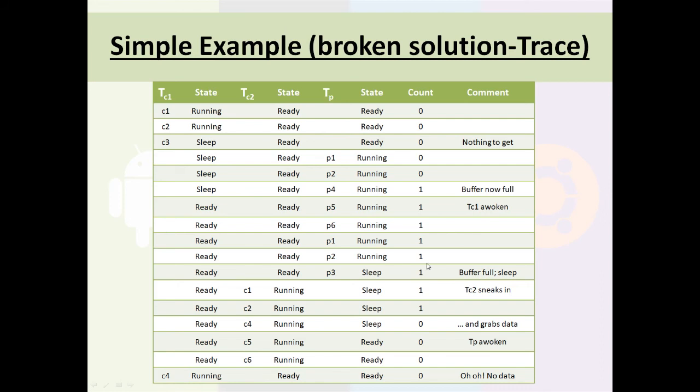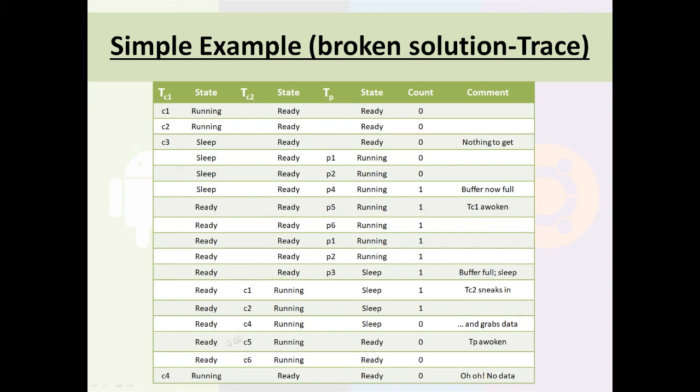So signaling a thread only wakes it up. It is thus a hint that the state of the world has changed. Now in this case, that a value has been placed in the buffer, but there are no guarantees that when the woken thread runs, the state will be as desired. So the idea here is that signals indicate a change in state, okay?